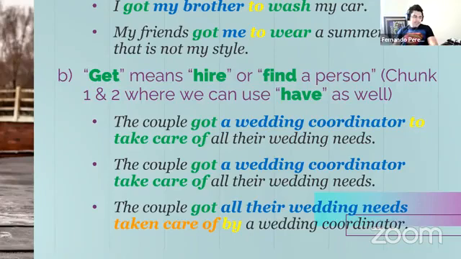Passive voice is used when the person is not as relevant as the action. If you think the person is relevant, use by. If not, you don't need it. You can say, the couple got all their wedding needs taken care of. That's it. Okay, I understand they hired somebody.